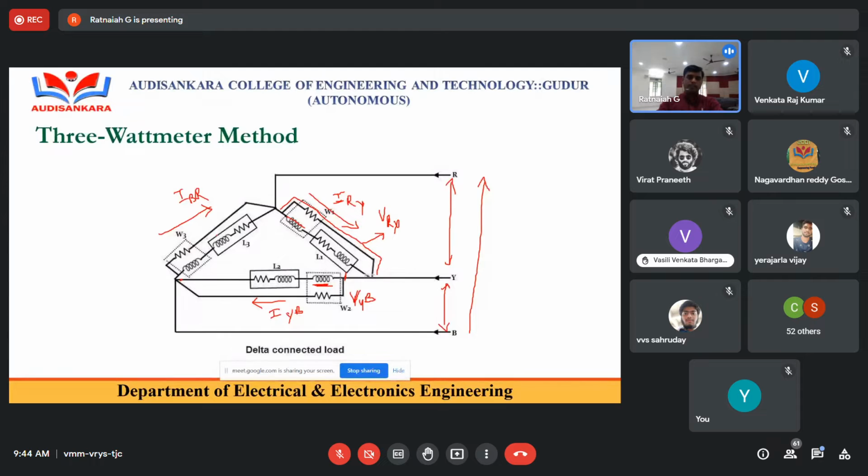Now the third wattmeter is connected between the terminals B and R, so the potential is VBR.